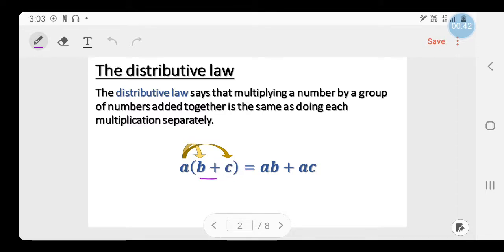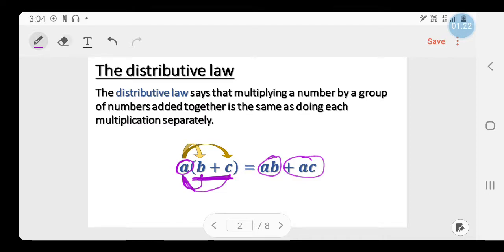When you have the sum of two things, let's call them B and C, in brackets, and then the sum of those two things multiplied by something which is outside of the brackets, and you remember your BIDMAS rules, the sum happens before the multiplication because the sum is inside brackets and brackets come first, then this is equal to A times B plus A times C. See? A times B plus A times C.